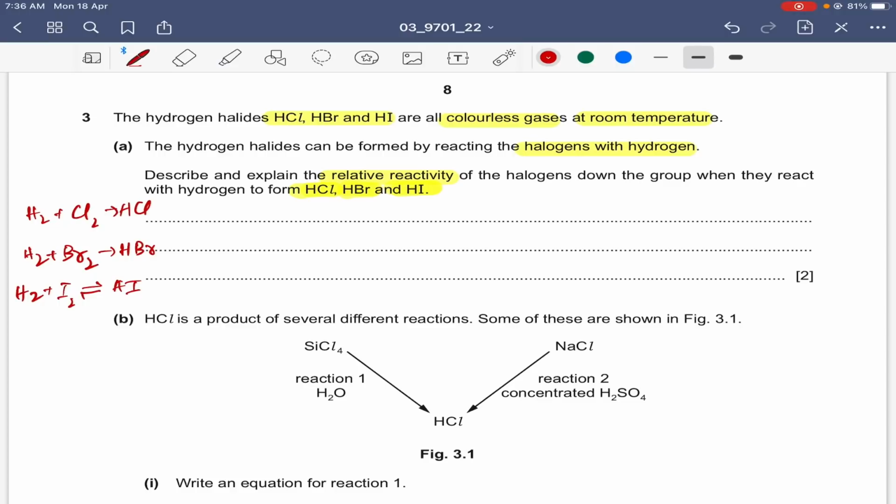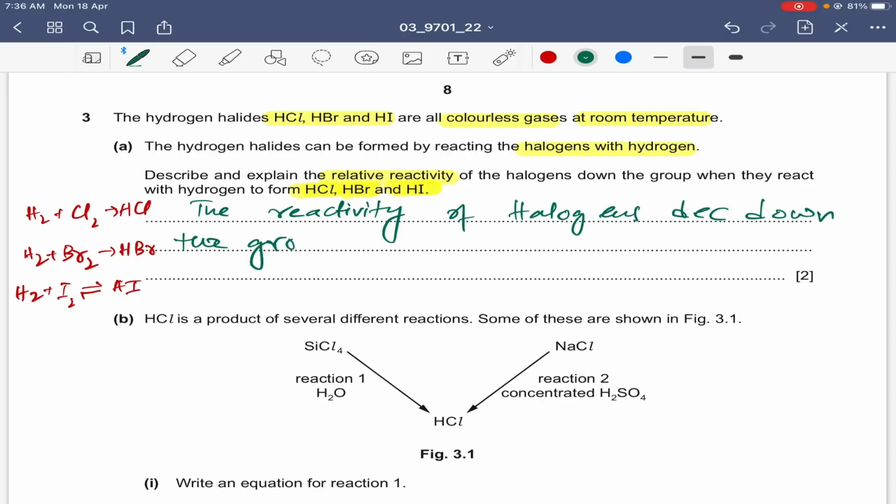So the reactivity of halogens decreases down the group, and the reason is the atomic radius of the halogens, chlorine, bromine, iodine, is increasing.